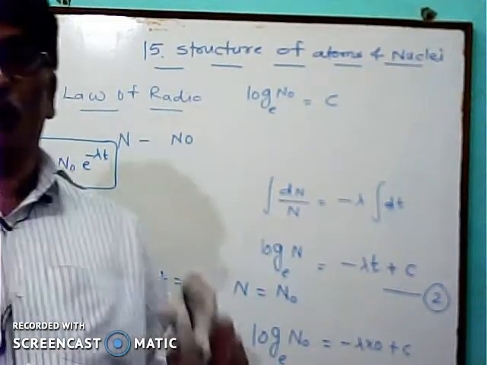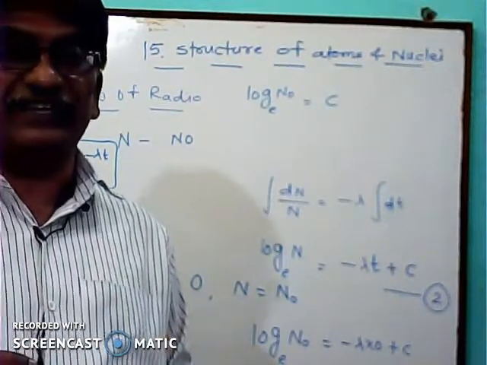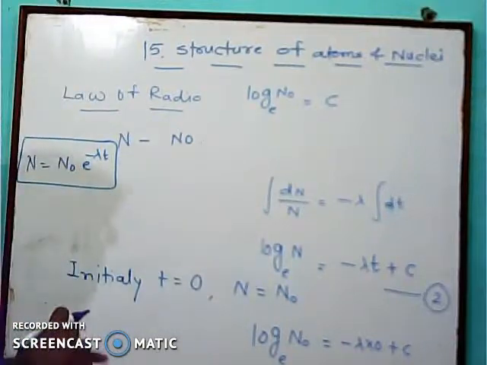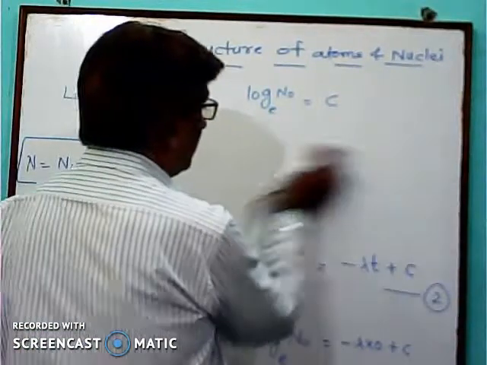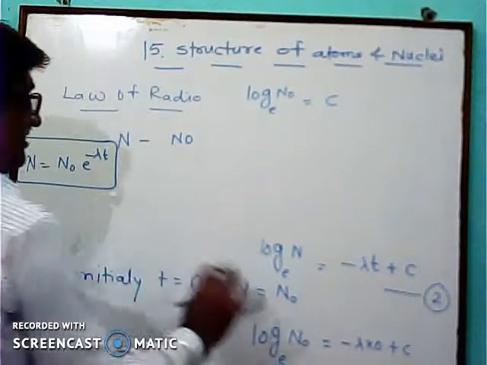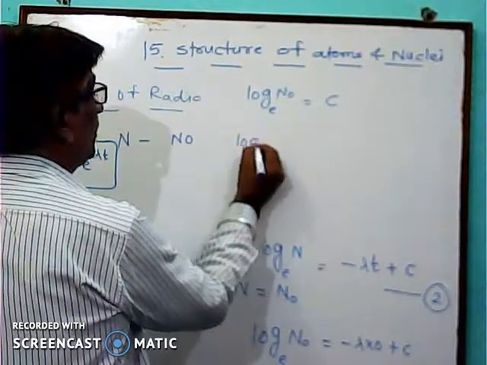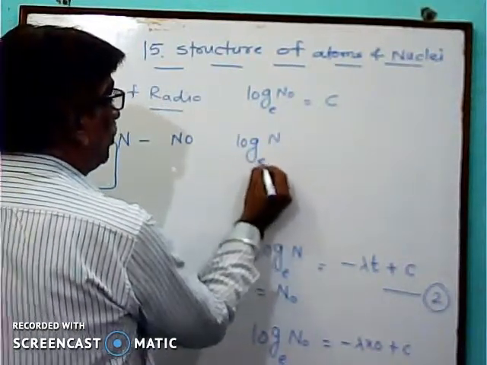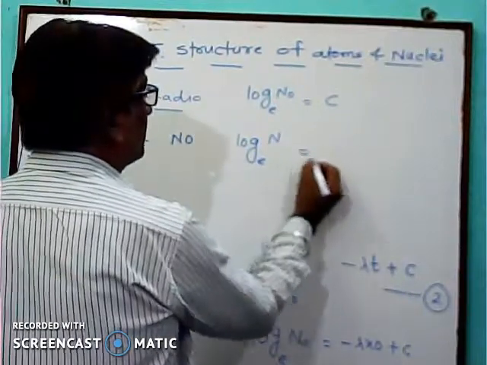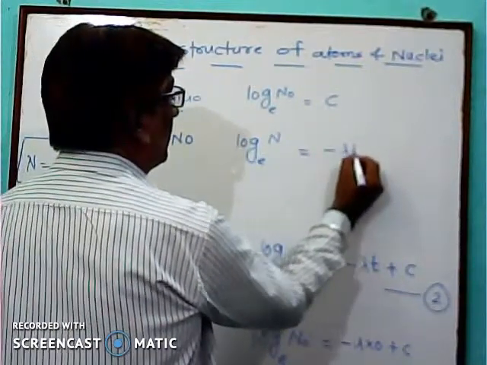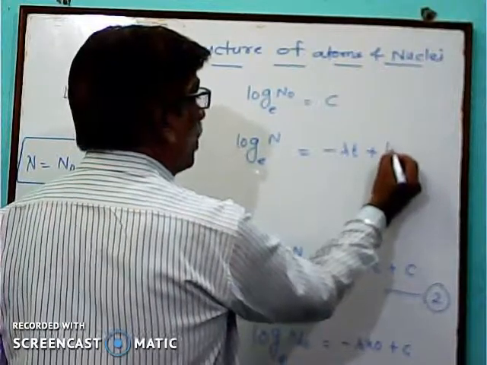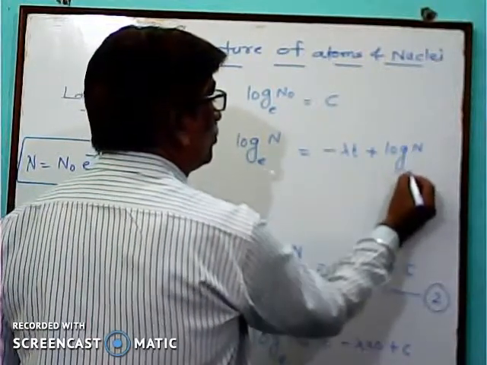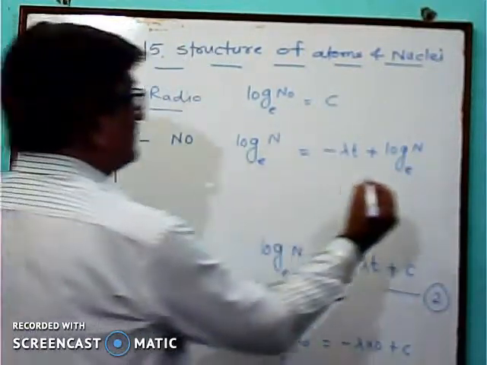If we put the value of c in equation 2, then log of N to the base e is equal to minus lambda t plus log of N0 to the base e.